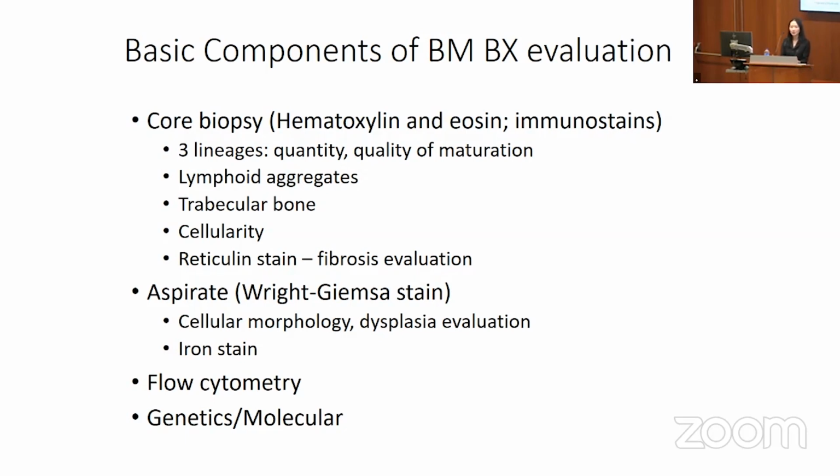But sometimes it's actually lymphoid. Sometimes the patient actually just has a lymphoma causing the cytopenias rather than MDS or AML. So that's why we have to assess for lymphoid aggregates. There's also looking at cellularity overall, which comes into play for aplastic anemia. And then we do reticulin stains to look for marrow fibrosis, which is another disease process.